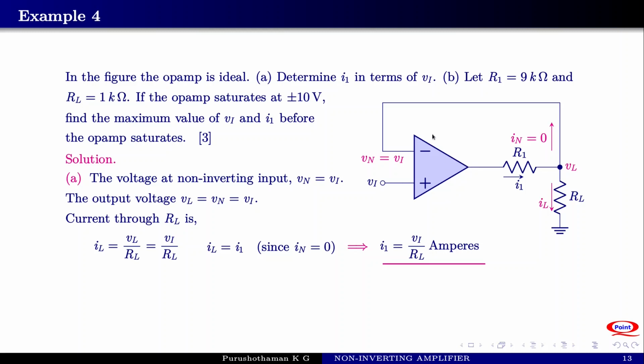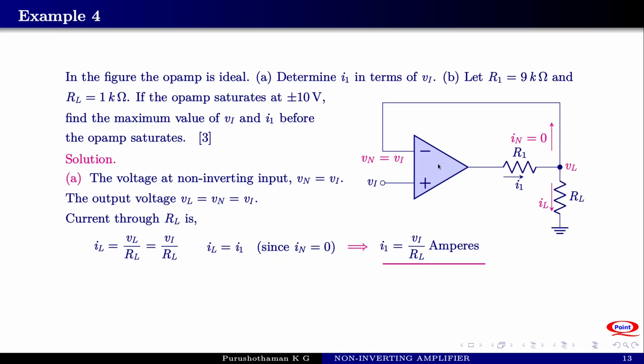For example, suppose the operational amplifier is powered at plus 10 volt and minus 10 volt. Then the maximum undistorted output possible from the operational amplifier is 10 volt. If you set up the amplifier in such a way that the output happens to be greater than 10 volt, the output will be clipped off at the 10 volt level.